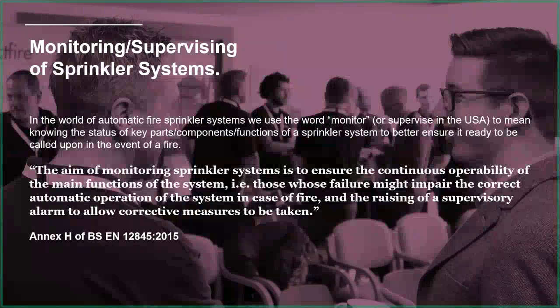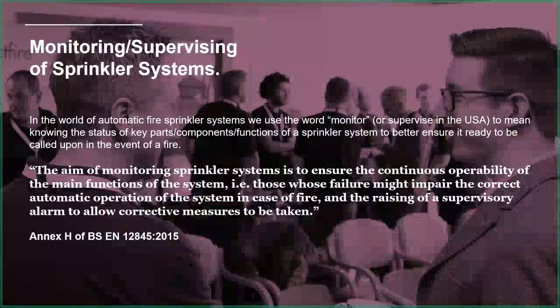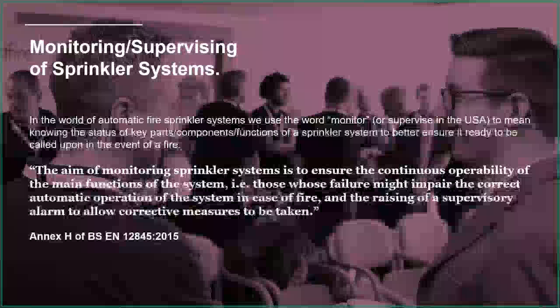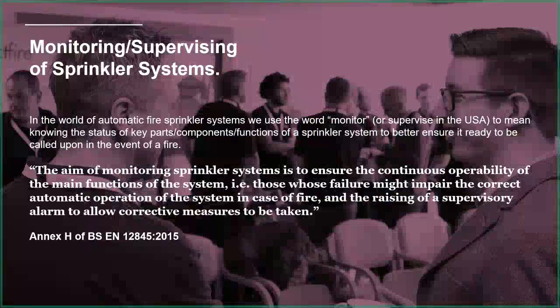So they've highlighted 2 areas for sprinkler system monitoring. We need to know what might fail and deal with it. So we've got to raise a supervisory alarm, but actually correct what is wrong with the system.